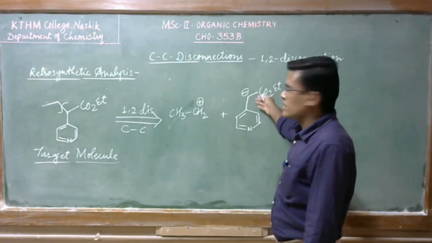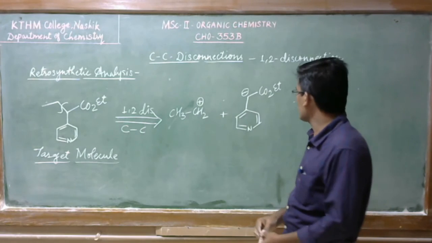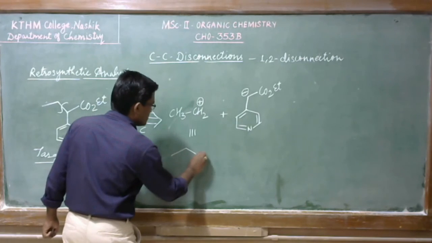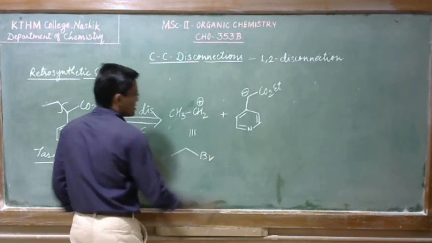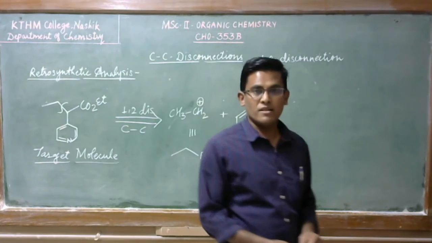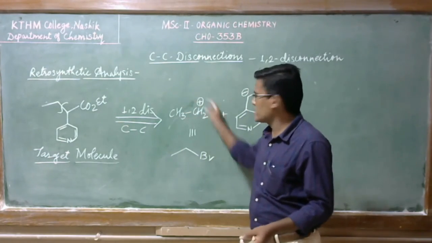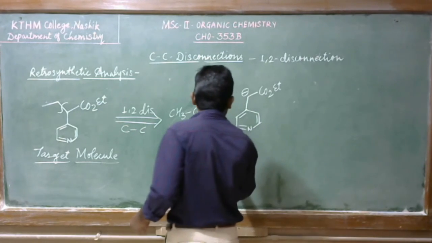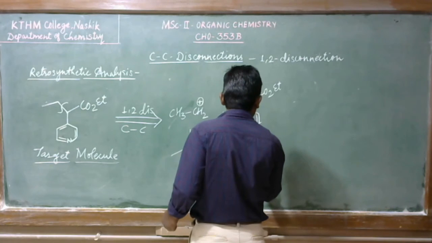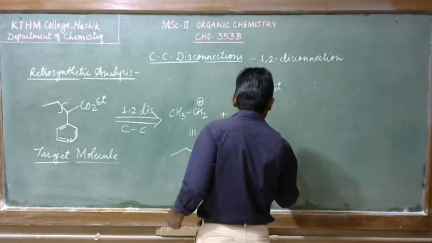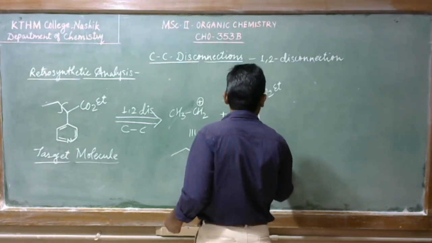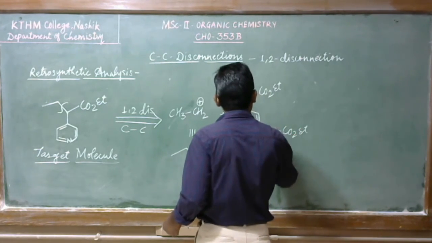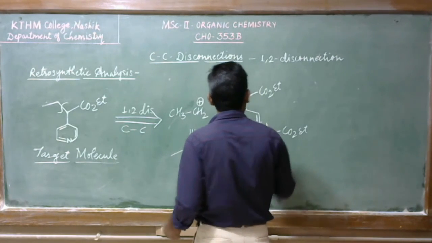This fragment will acquire the negative charge. So let us translate these synthons. Since this ethyl group has a positive charge, we can add bromine over here, and here we can add a proton, yes, we can add hydrogen.